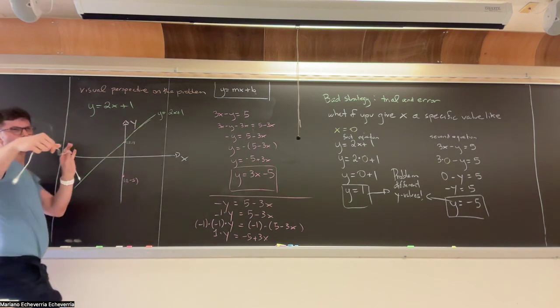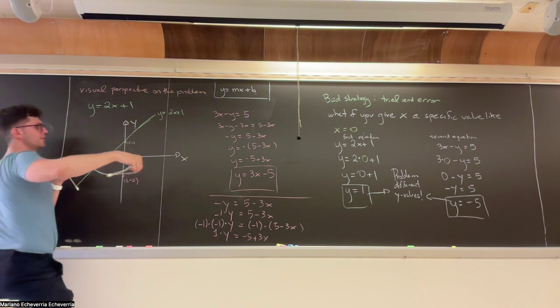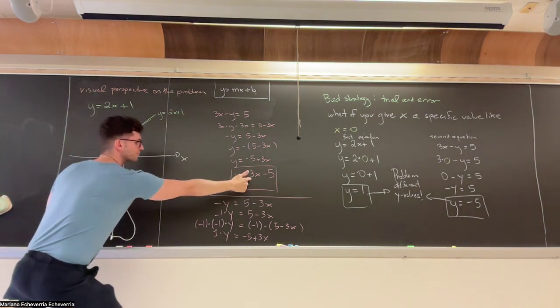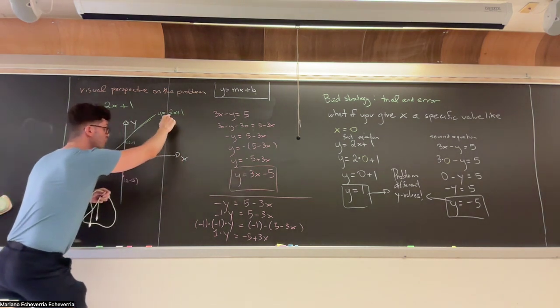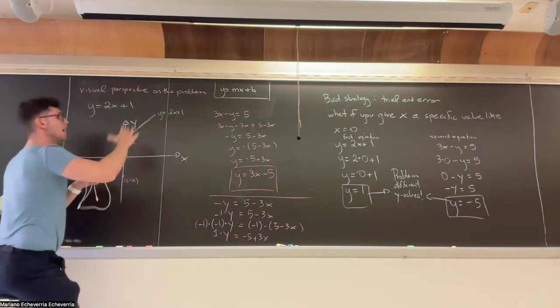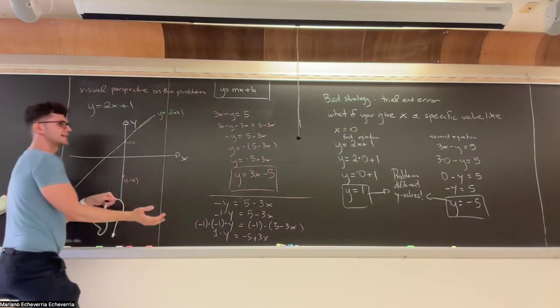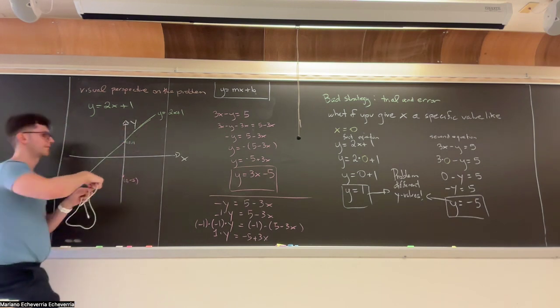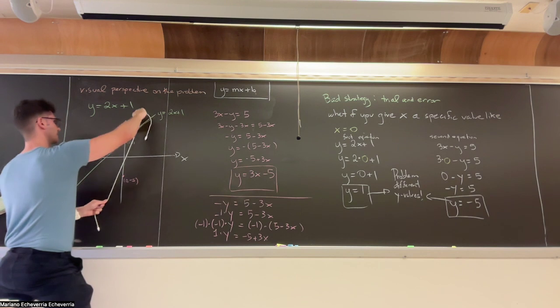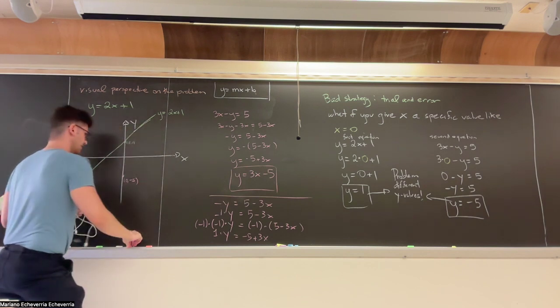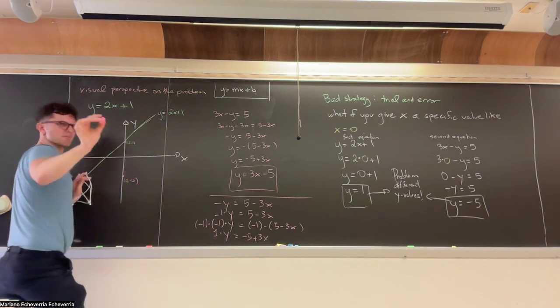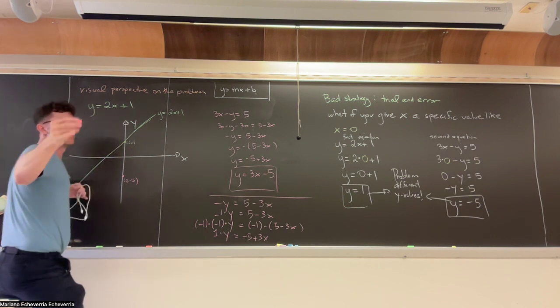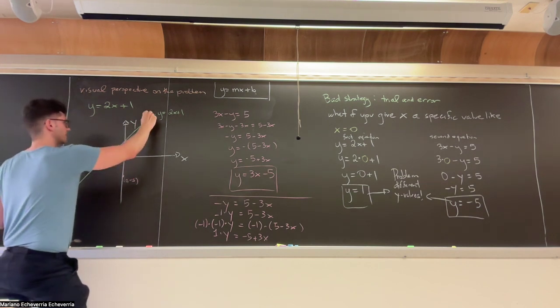And if you want a more accurate picture, the fact that this number is bigger than two, right, three is bigger than two, means that the pink line is going to be more vertical. So the bigger the slope, the more vertical the line becomes. That is less important and wouldn't do too much for you, but if you want to understand the picture a bit better, that is what's going on.